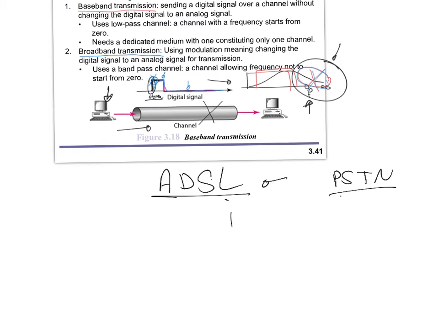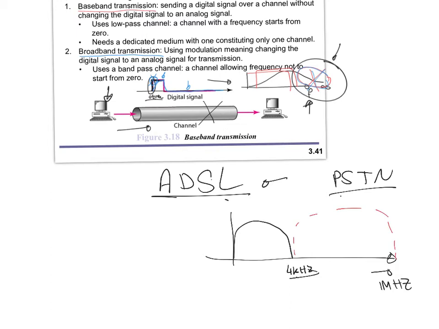And the idea was that our voice itself has a bandwidth of 4 kilohertz. These telephone lines, however, can support bandwidth or frequency higher than even 1 megahertz. So the idea is, can we use this remaining part to transfer some data over the internet, to download and upload data over the internet?